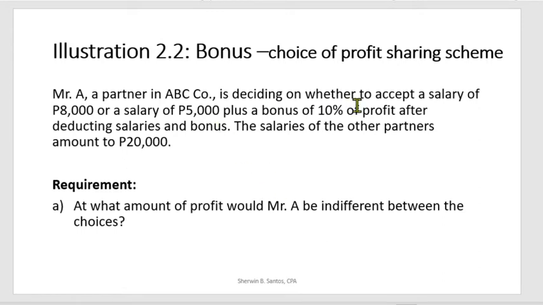So, ano ba yung pipiliin? It's whether to accept 8,000 salary. Bibigyan ka ng 8,000 salary o bibigyan ka ng 5,000 na salary pero may bonus ka na 10% of the profit after salaries and bonus. So, ito ay bonus after bonus scheme.